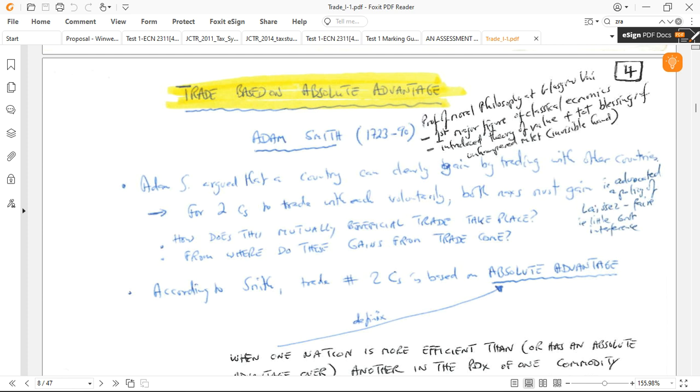For this to happen, trade must be done not by force, but voluntarily. I have to voluntarily engage in trade. And of course, both parties must gain. But how can they do this? They can do this through absolute advantage.